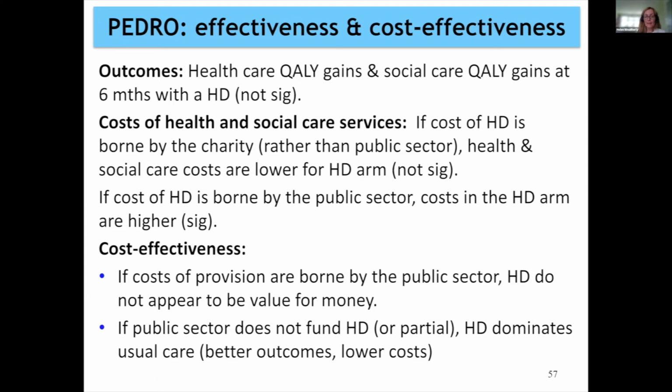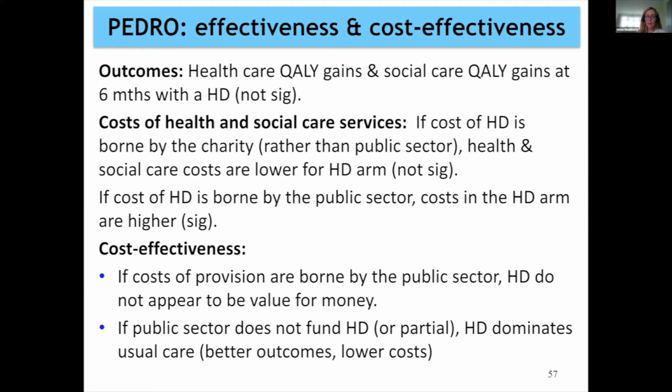So as Martin said, we need to bring the costs and outcomes together in economic evaluation to better inform the decision maker. So from a perspective where the costs of the hearing dogs were borne by the public sector, that is, paid for out of the public purse, the hearing dogs were not good value for money.